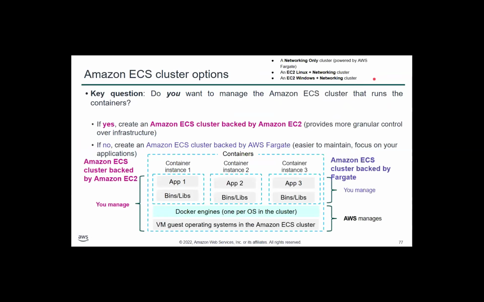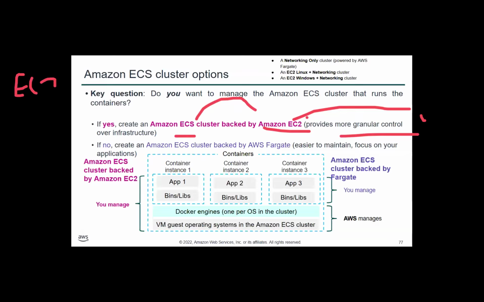ECS gives one more option. Either you launch directly on EC2, where you have to provide manual control. As you might have already learned with EC2, whenever you take EC2, you have to maintain, update, and do everything yourself. Instead of that, you have one more option. For EC2 we have a serverless option, that is Lambda.